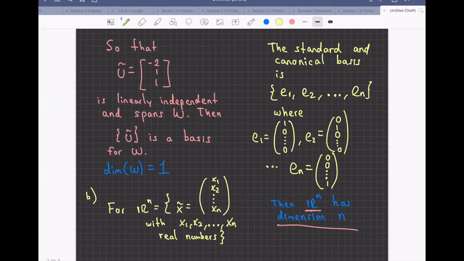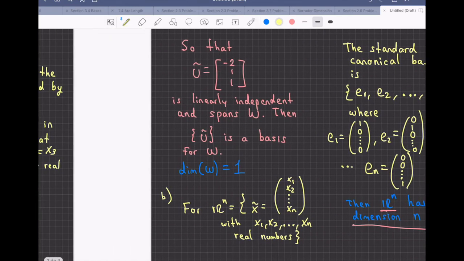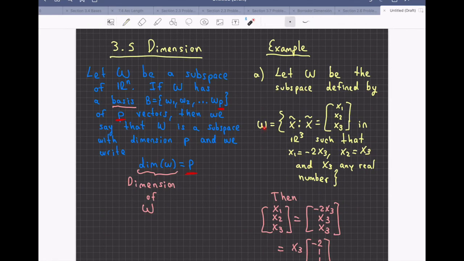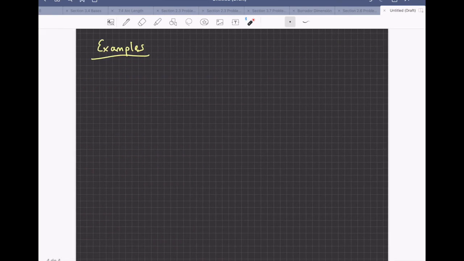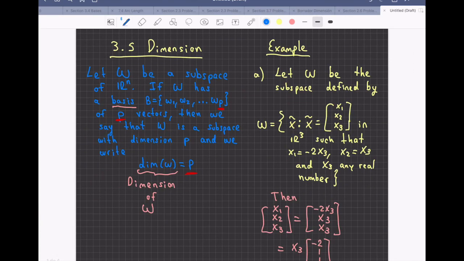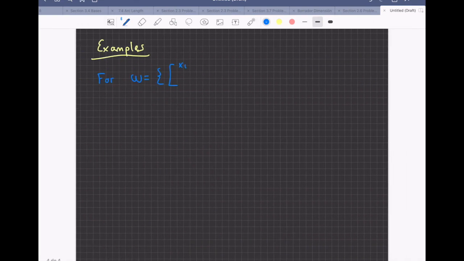For example, for this example we saw before, for W given by (negative 2x3, x3, x3).